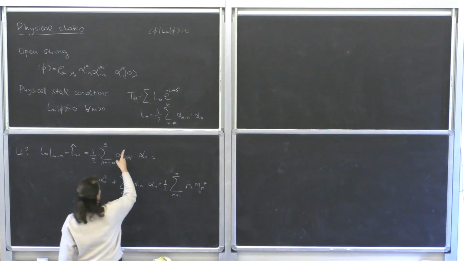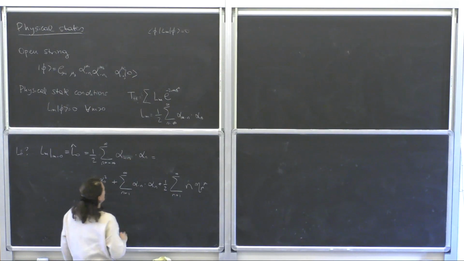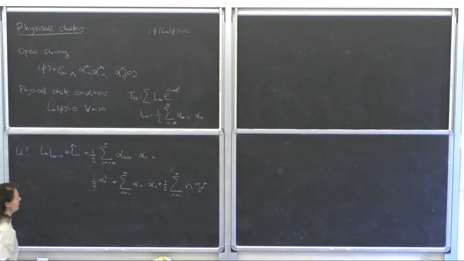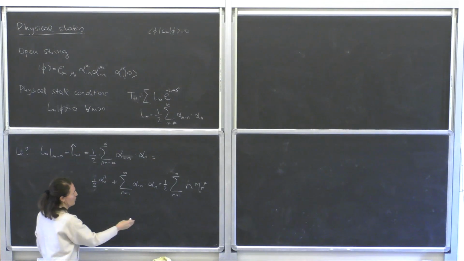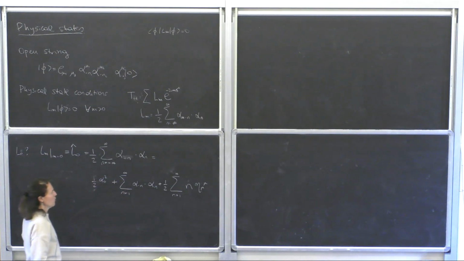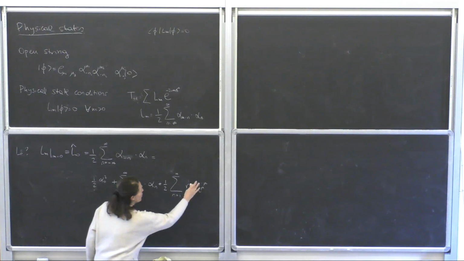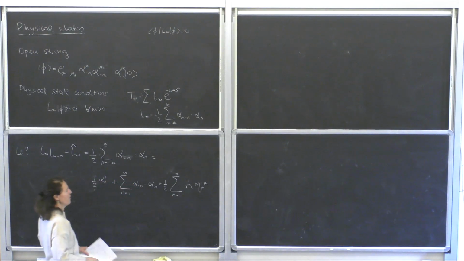Because this mu is contracted with nu, and in the commutators you get an eta mu nu, so this is what we get. And let me not write d for the moment.